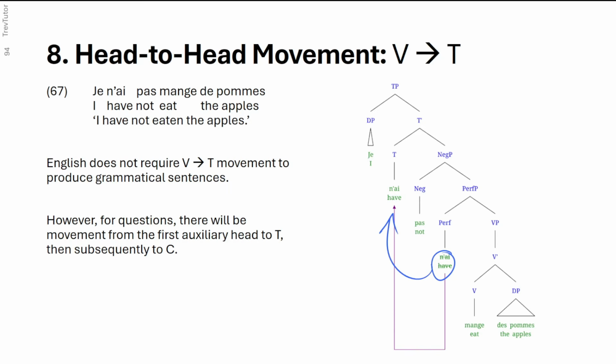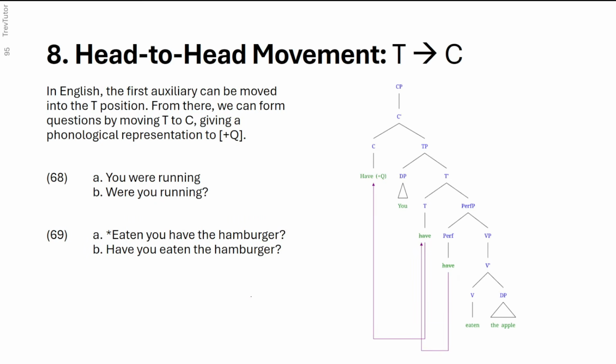However, when we talk about questions in English, like I will run to will I run, we're going to have to move something up. And we're going to have to move an auxiliary into T and then to C in order to make a question. So we will see this here. Now consider you were running. Were you running? So we're taking the first auxiliary and we're moving it to the front of the sentence.